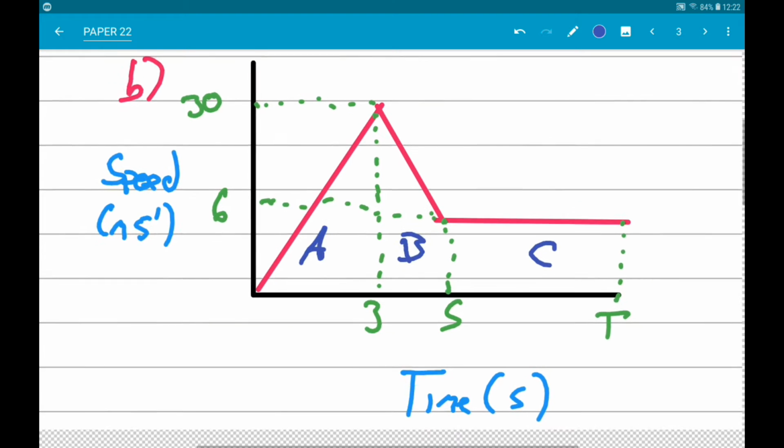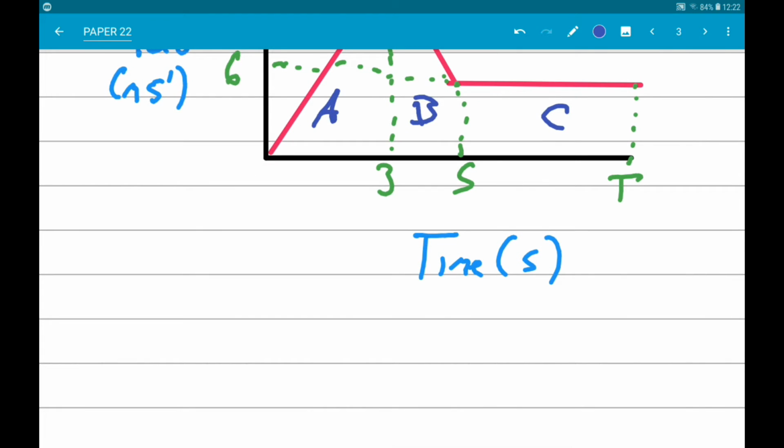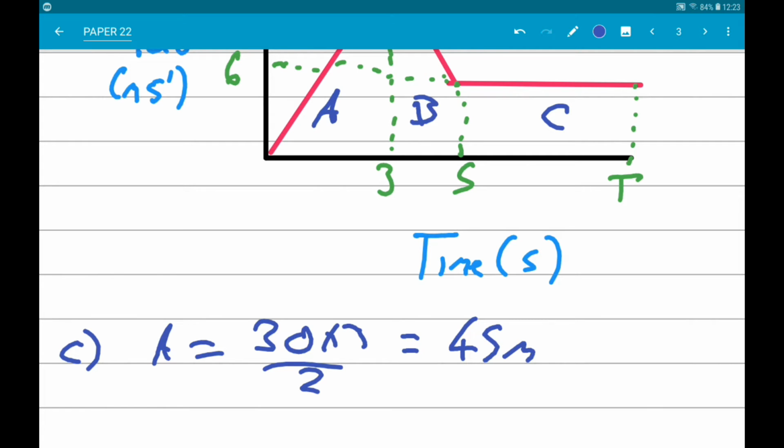Now, we know that A, being a triangle, is 30 times 3 over 2. So that's 45 meters. Now, B is a trapezium with a height of 2.